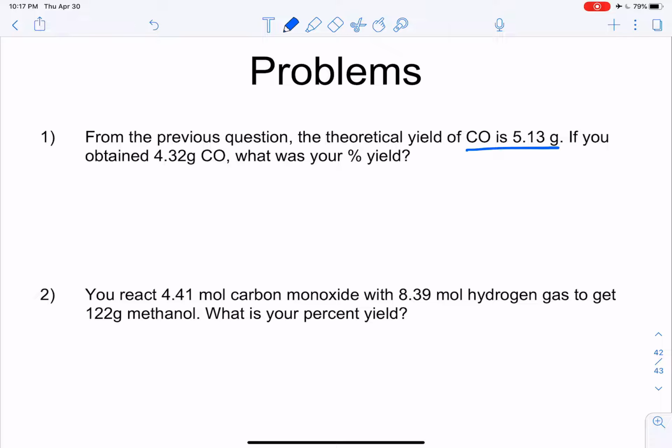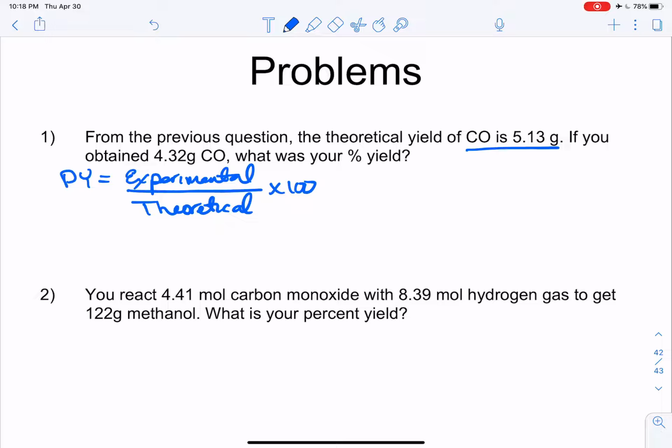Okay, so what we're going to do is write out the equation for our percent yield again, because the more times we write it out, the better it gets in our brain and the quicker we are with this stuff. So what we have is experimental divided by theoretical times 100.